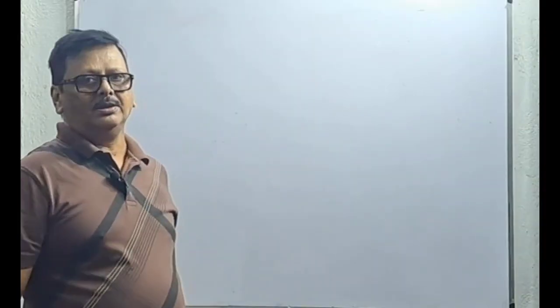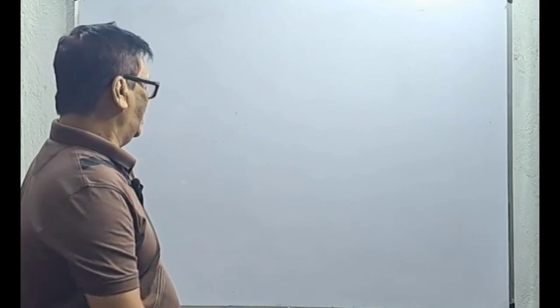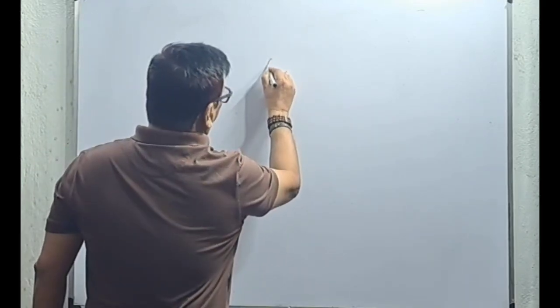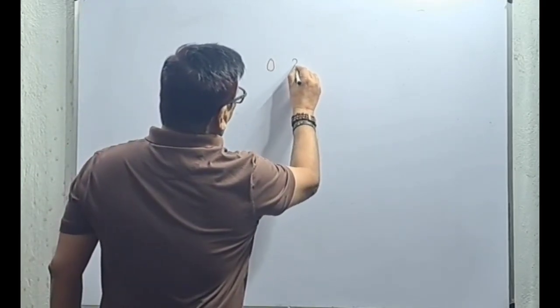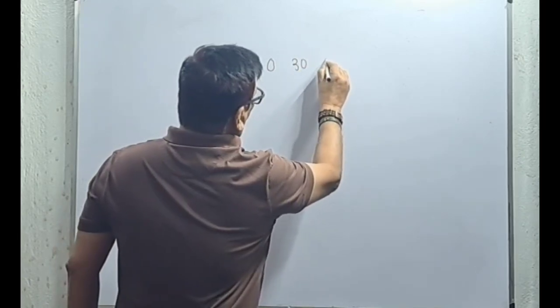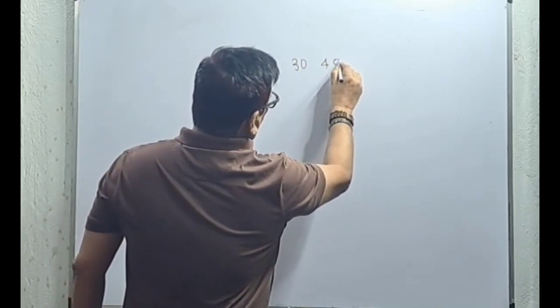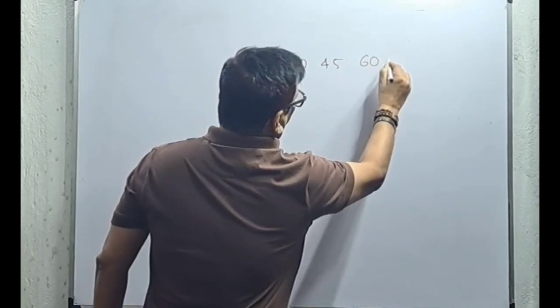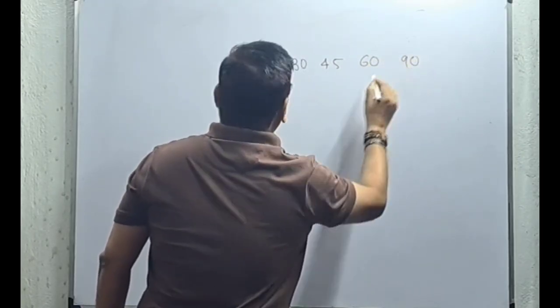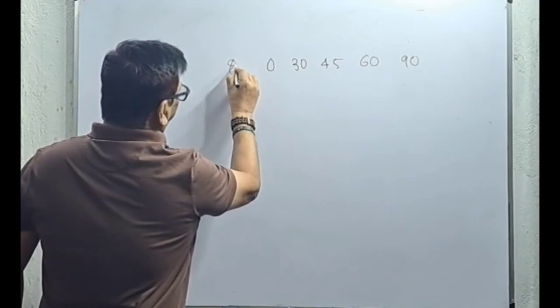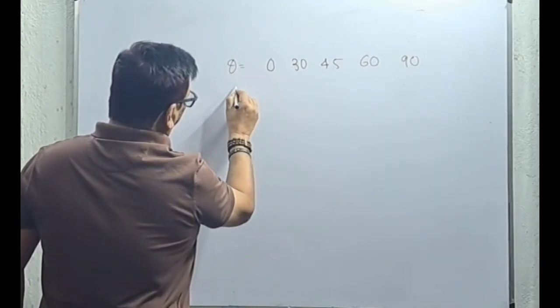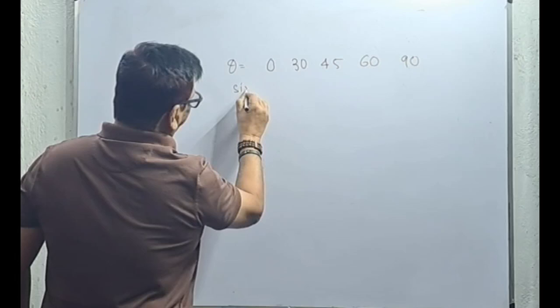So the special angles that we'll be talking about today are 0, 30, 45, 60 and 90. Correct? And these are the values of theta, and here we write trigonometry ratio for sine.